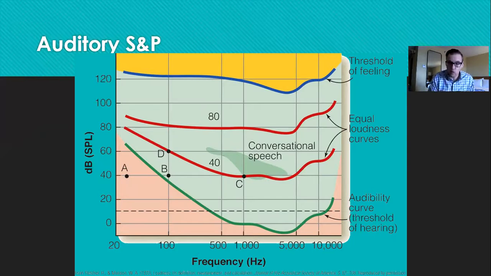Now why is it that we have this odd audibility curve? Why is it that we can hear some sounds when they're much quieter than other sounds? One of the really neat features is caused by the fact that we have a tunnel. Our outer ear involves an ear canal, and our ear canal creates a closed-in tube.